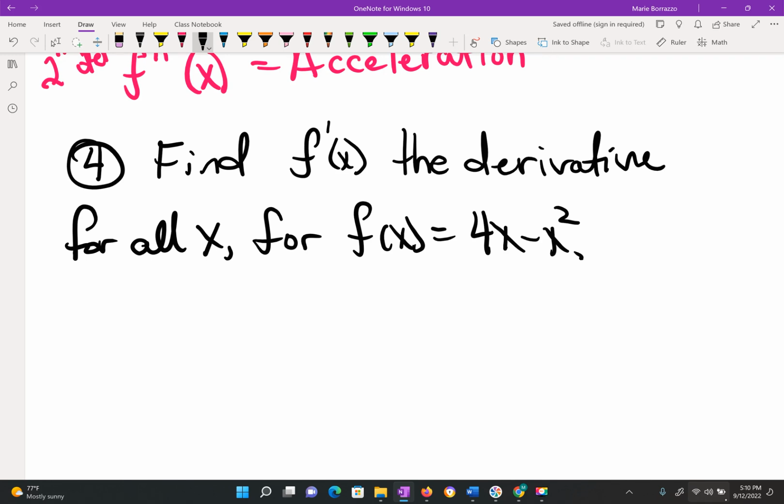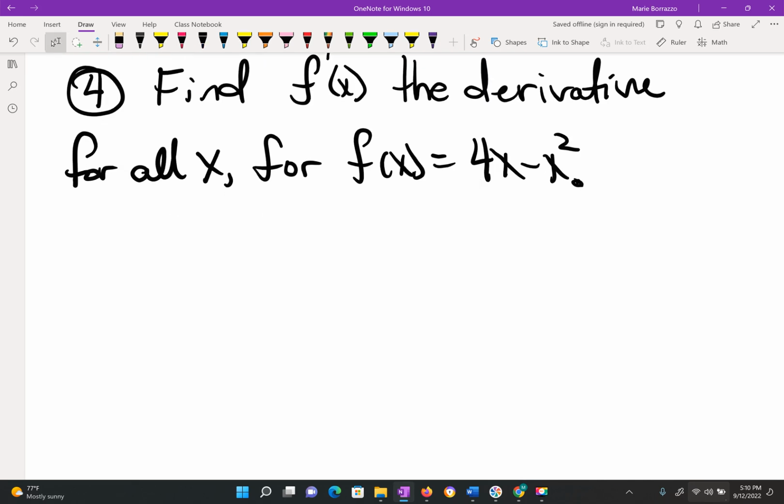Now, if you want to use the 4-step process or the short version I showed you, up to you. Either works. In the directions, they do want you to do this with the 4 steps, which I think is overkill, but we'll do it anyway.